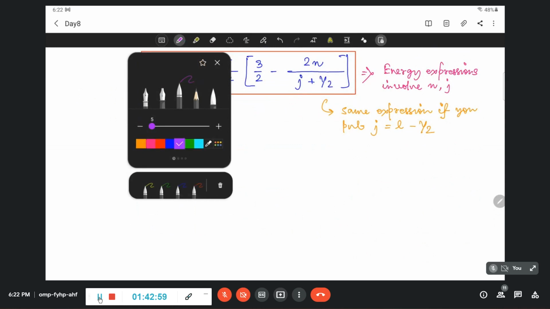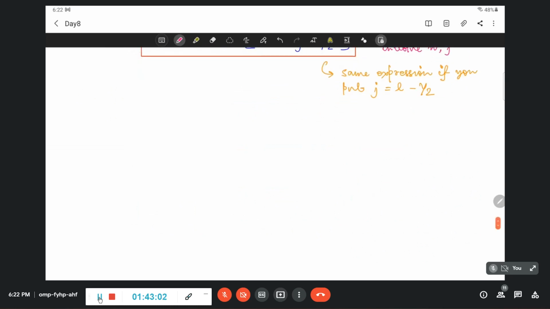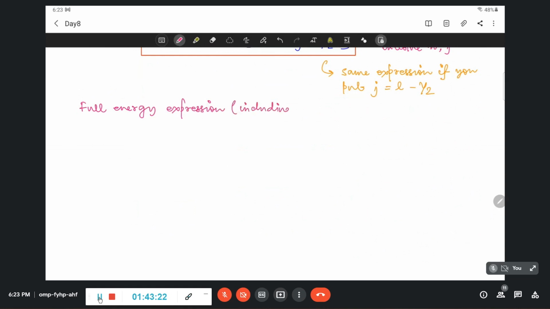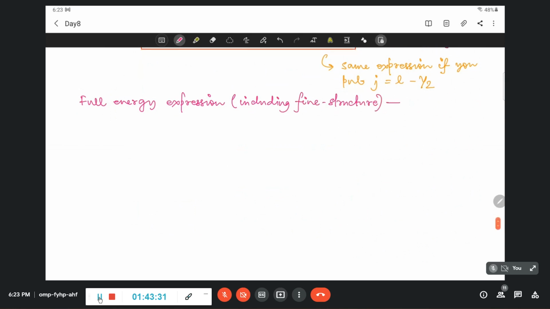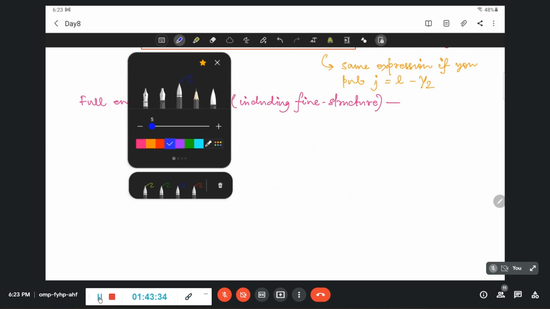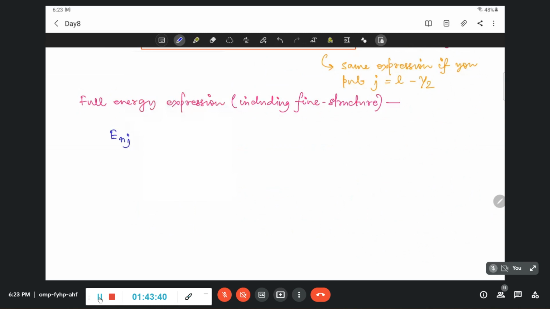Just to complete this, I write the full expression for the energy, including fine structure. This expression becomes E_nj. Now you see J also comes into the picture.